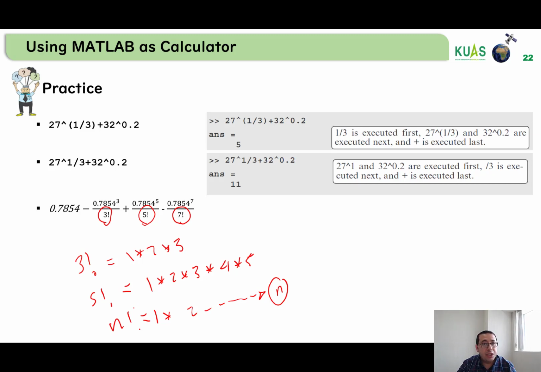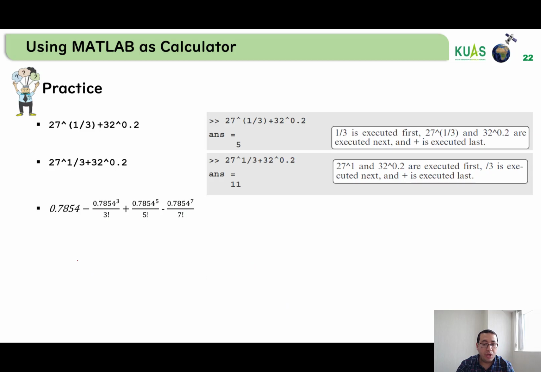So this is the factorial. If we need to write that, we should write it as a mathematical expression. Let's check how to write that first. We should write 0.7854 minus 0.7854 to the power, and the power here is this hat, or the caret, to the power 3, divided by, and since we need the whole division to be done together, we should use parentheses: 1 multiplied by 2 multiplied by 3.